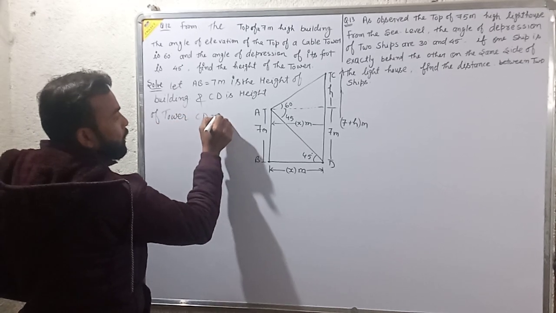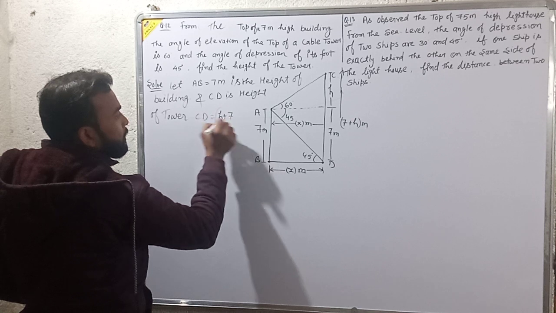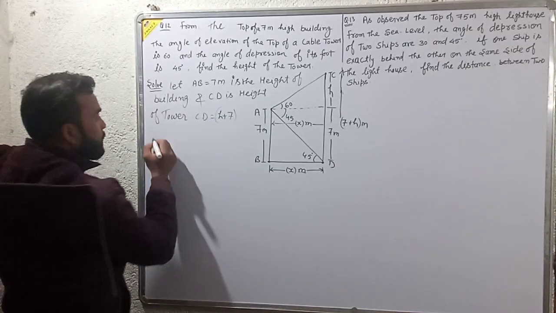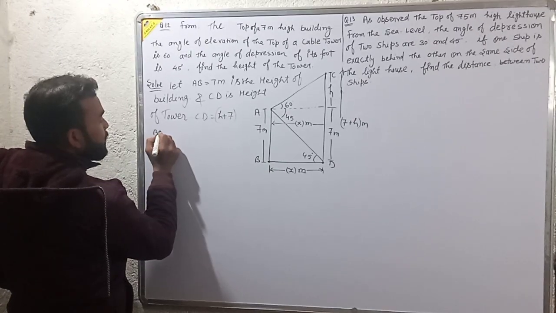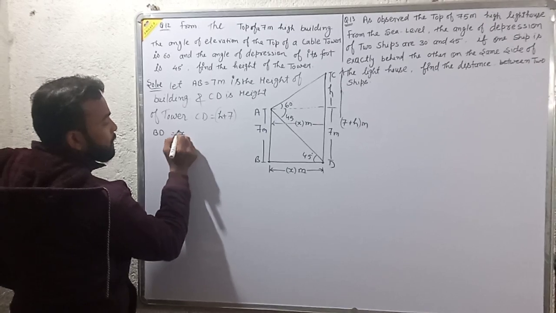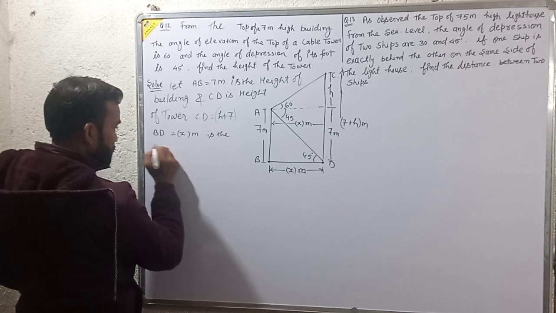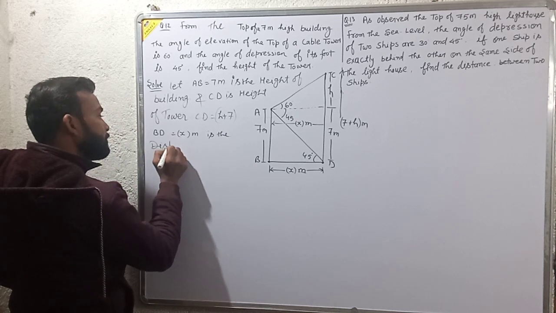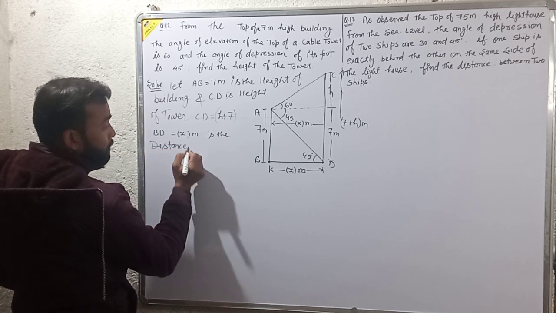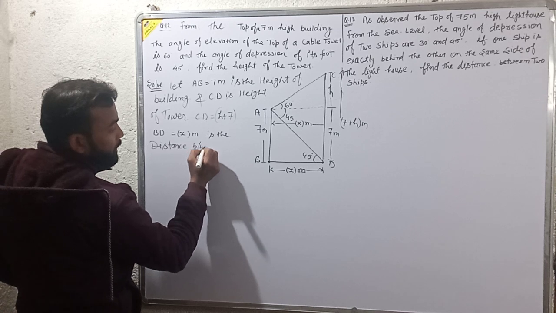CD is equal to h plus 7, and BD equal to x meters is the distance between both.